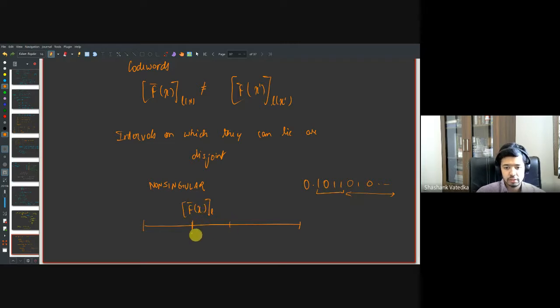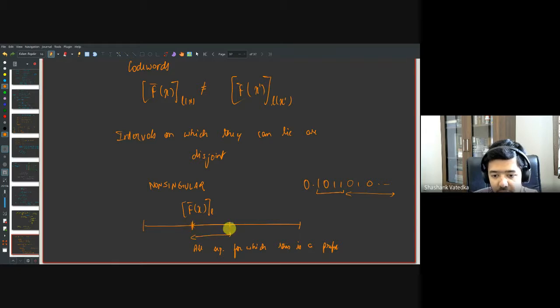So the set of all sequences for which this is a prefix. There is some interval which contains all the sequences for which this code word is a prefix. So all of these sequences are going to lie to the right of this particular code word, right?